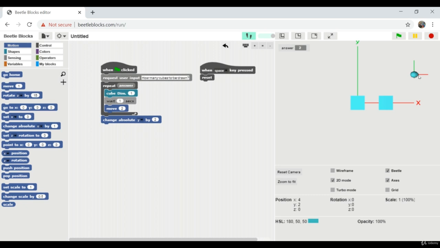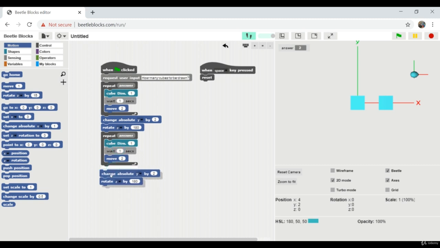What we want to do is, we want to turn it back and we want to print the rest of the cubes on this line on the backward side. So what we can do is, we can now rotate the beetle by 180 degrees. And if we want to get these cubes printed again, we can take the complete program here and duplicate it, and the bottom part we can remove because this also got duplicated.